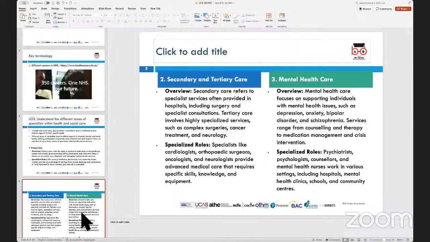So we look at mental health care as a separate category. Here, obviously, if you have things like depression, anxiety, bipolar disorder, schizophrenia, or dementia, then in such cases you require sustained services over a period of time to be able to do your normal day-to-day functions.